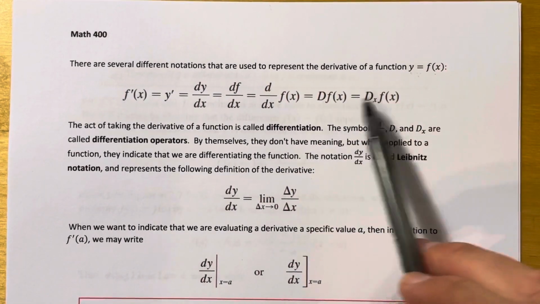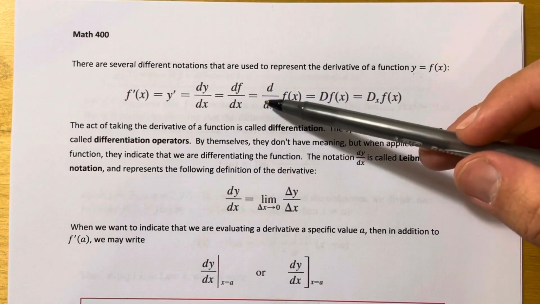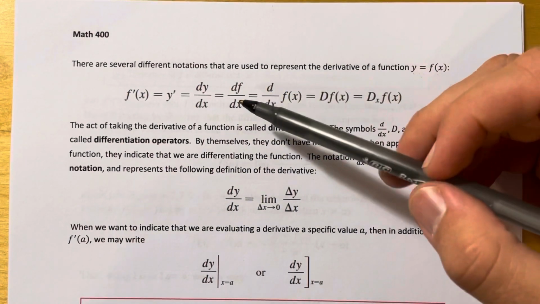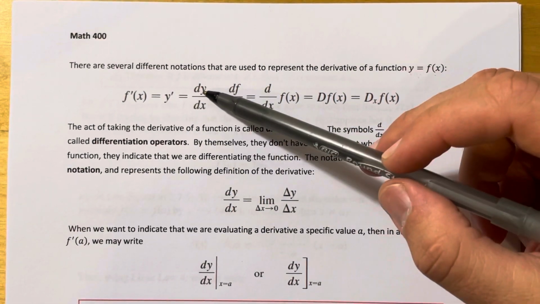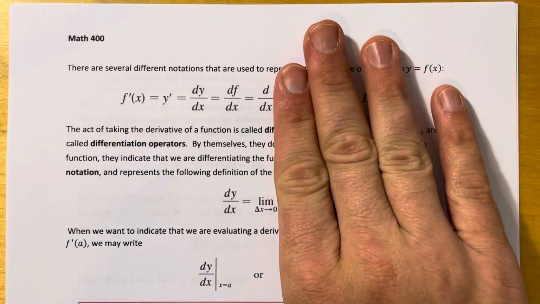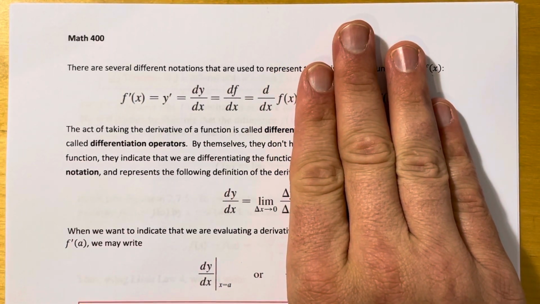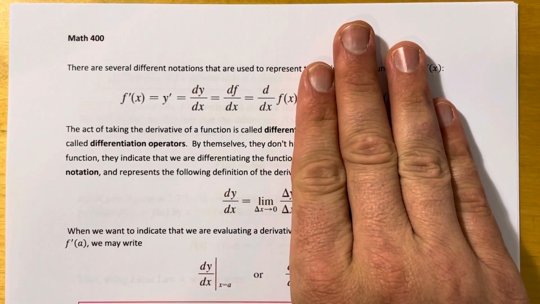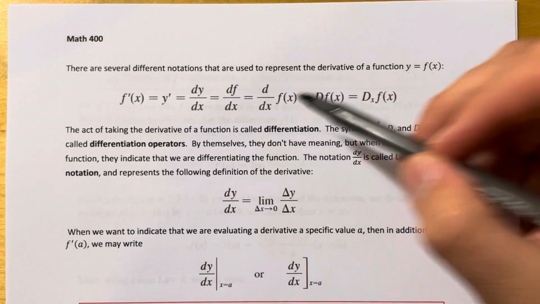The following three notations use something we call differentiation operators. Compare this to Leibniz notation, where here I had a dy dx. If I take the y out of that and just say d dx by itself, that d dx doesn't mean anything. But when you apply it to a function, so you write it to the left of a function, it's saying take the derivative of that function.